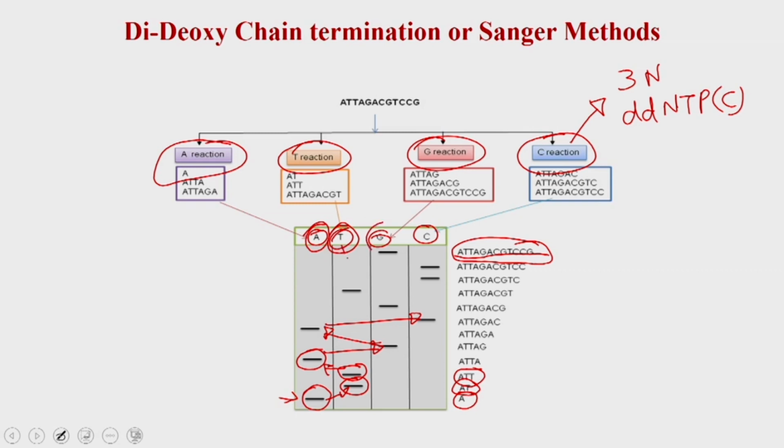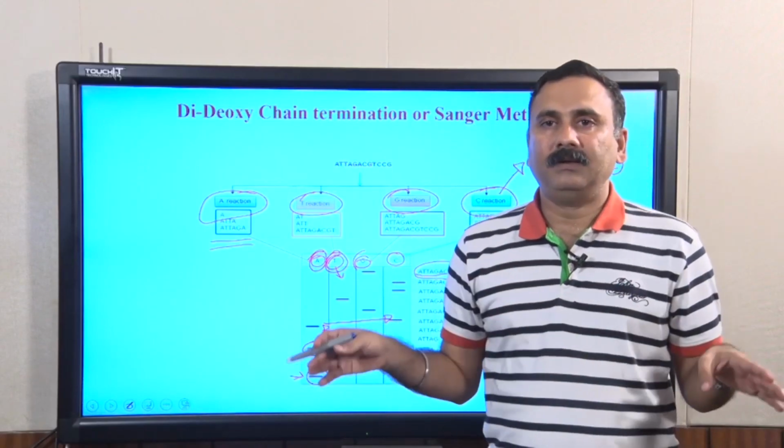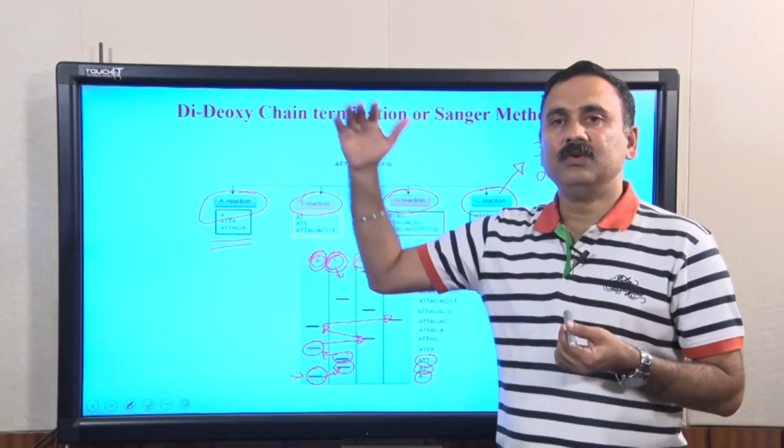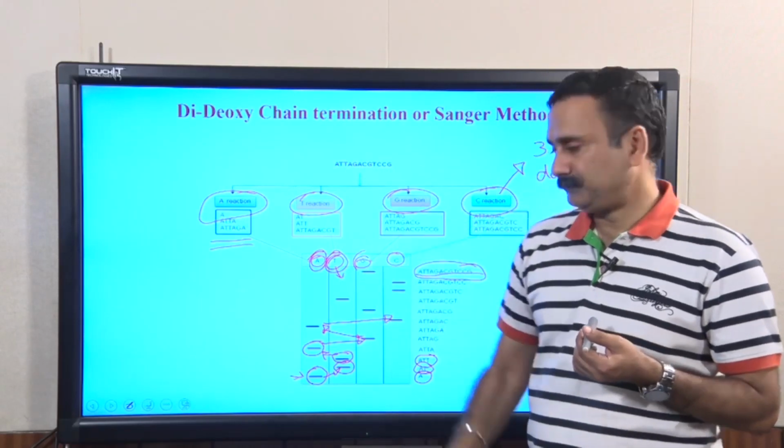So, the terminal nucleotide is going to be T in the case of T reactions, and A in the case of A reactions, and that is what is given here. If you go in the reverse order, you will be able to interpret the sequencing, and you will be able to deduce the complete sequence of the DNA.